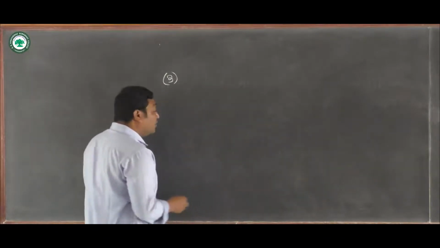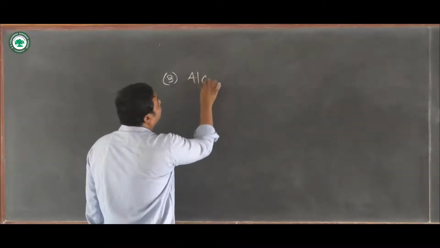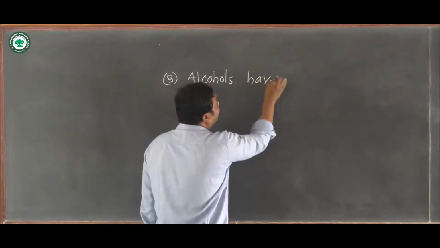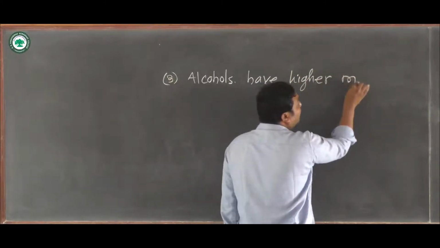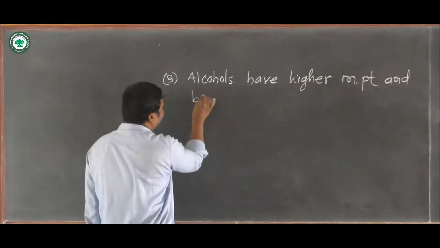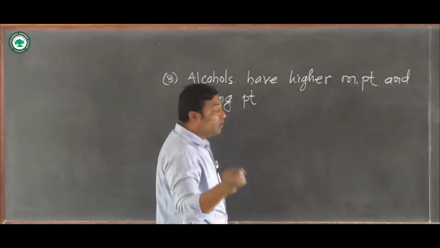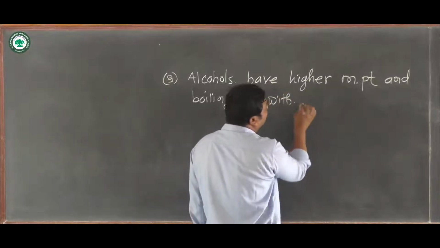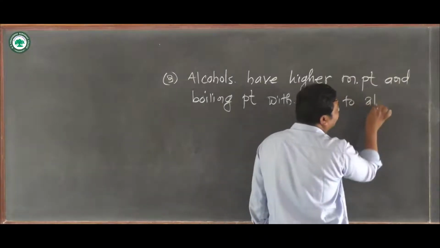Okay, the third property is that alcohols have higher melting and boiling point with respect to alkanes.